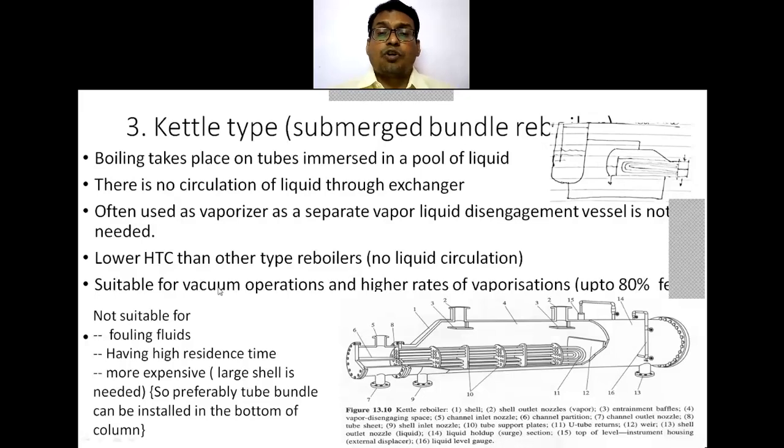So it is suitable for vacuum operations and higher rates of vaporization. In this case, you get a higher rate of vaporization, with a low amount of liquid going out. Maximum liquid is vaporized, up to 80% of the feed. 80% of whatever is fed in will be going out as vapors.